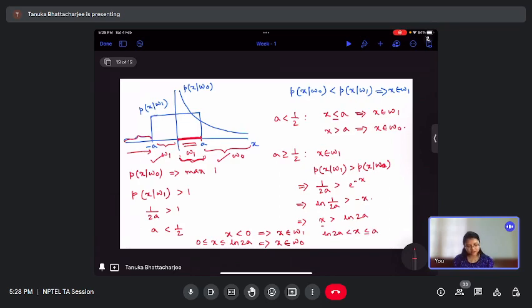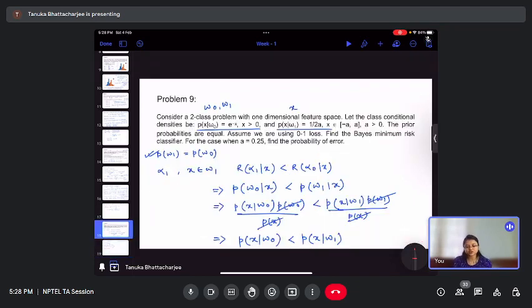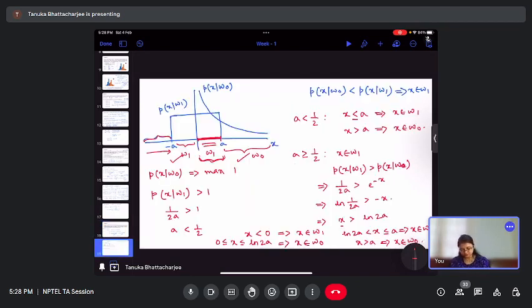Till the point a, you will put x in class omega 1. Lastly, when your x is greater than a, you put it in class omega 0. So, depending on whether your a is less than half or greater than or equal to half, you have two different classifiers. Now, the second part of the question asked for the case when a equals 0.25, find the probability of error. So, let us do that.